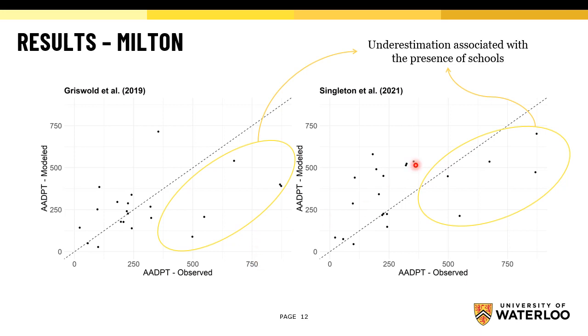We did a detailed investigation and noticed that they were associated with the presence of schools. So probably this indicates that a school in Milton generates more pedestrian activity than in California, where Griswold was developed, and in Utah, where the model of Singleton was developed.